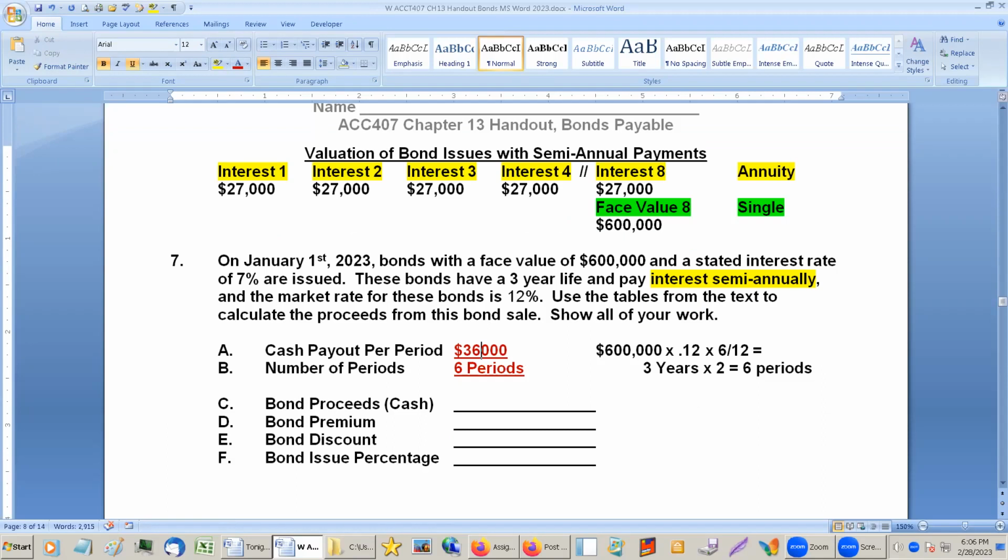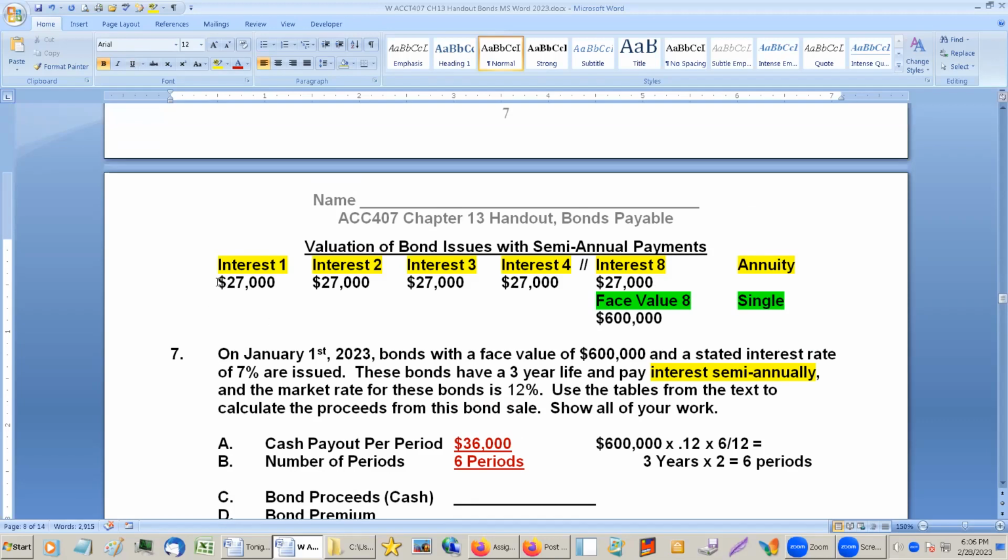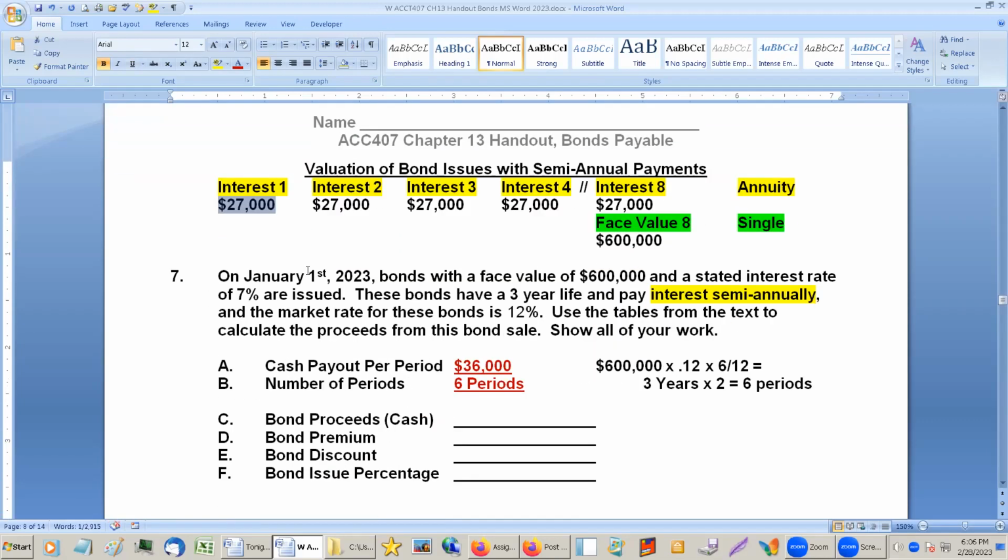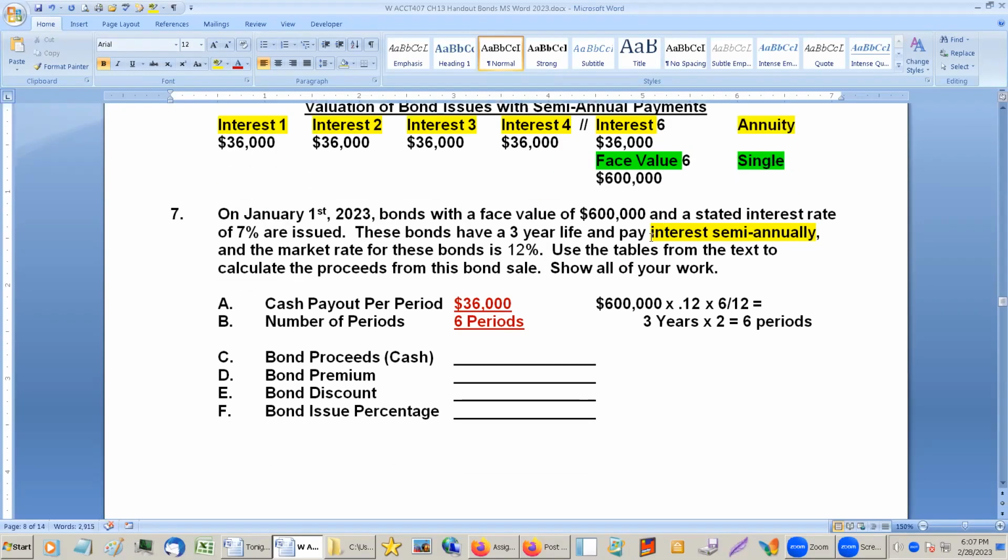Ooh, that should be a comma. All right, so it'll basically look like this. 36,000 every year up until year 6. And then at year 6, we have to pay the face value, which is 600,000, because I got lazy and didn't change that.